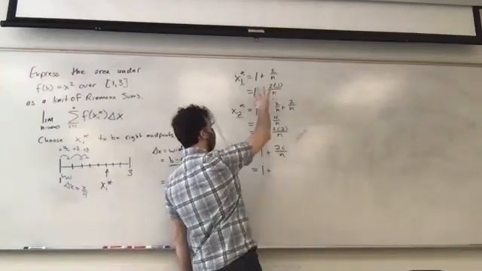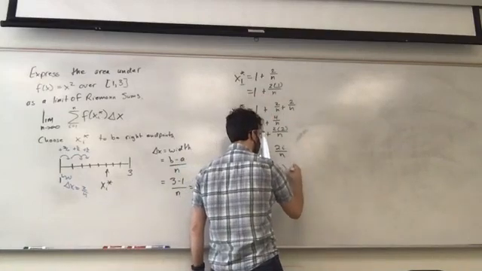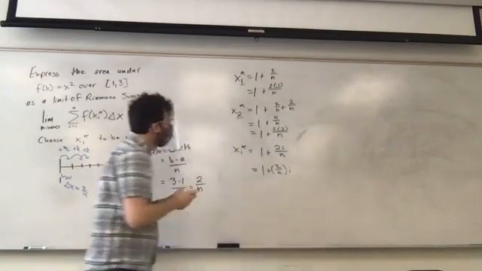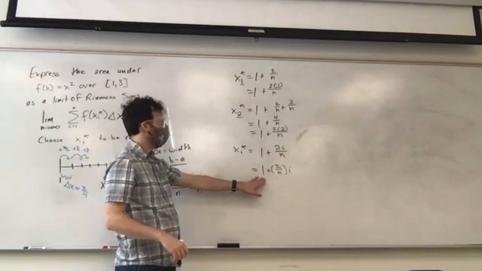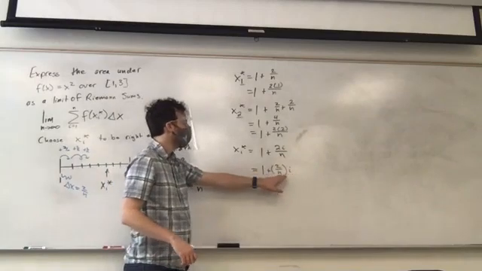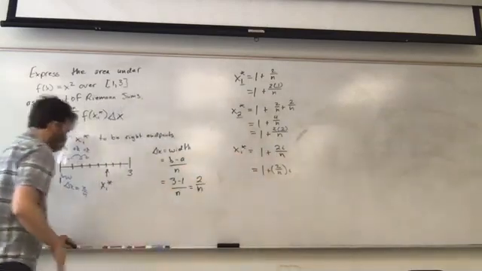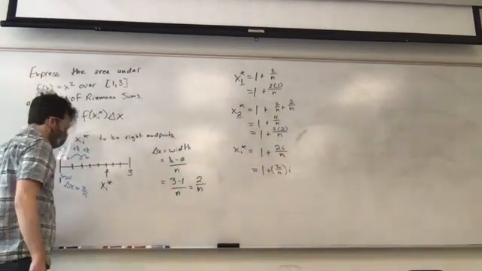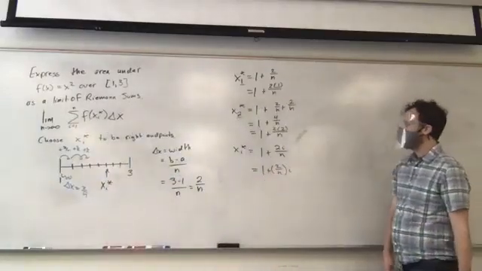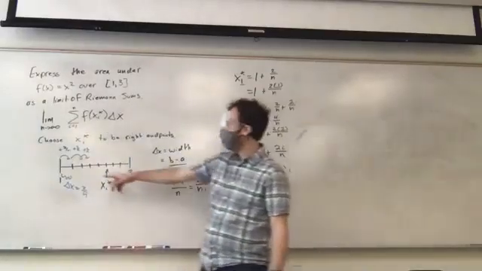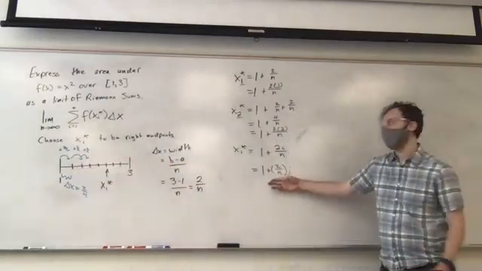Or written to look a little differently, you have 1 plus 2 over n times i, which says you start at 1, you moved over i intervals, each interval added 2 over n, so that tells you where you ended up. And so this is the general formula. If you want to know what endpoint we have after cutting it up into n pieces, this is what those endpoints look like.